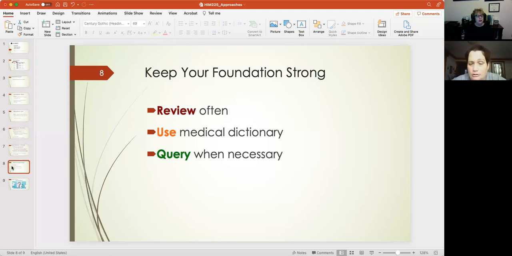Not the ones we give you in your testing, because we try to shorten them, but there are some operative reports that you may get when you're on the job that could be 3 pages long, single spaced. And there's all this medical terminology in there, and you've got to read it.